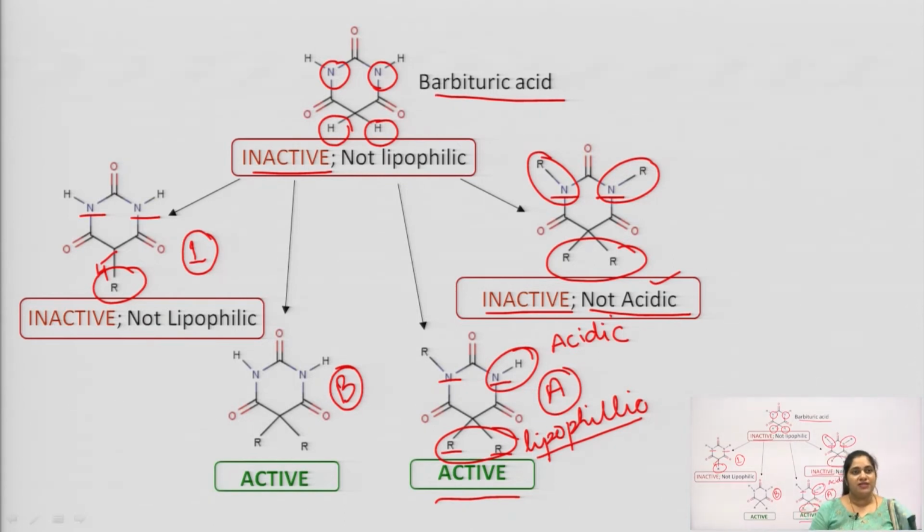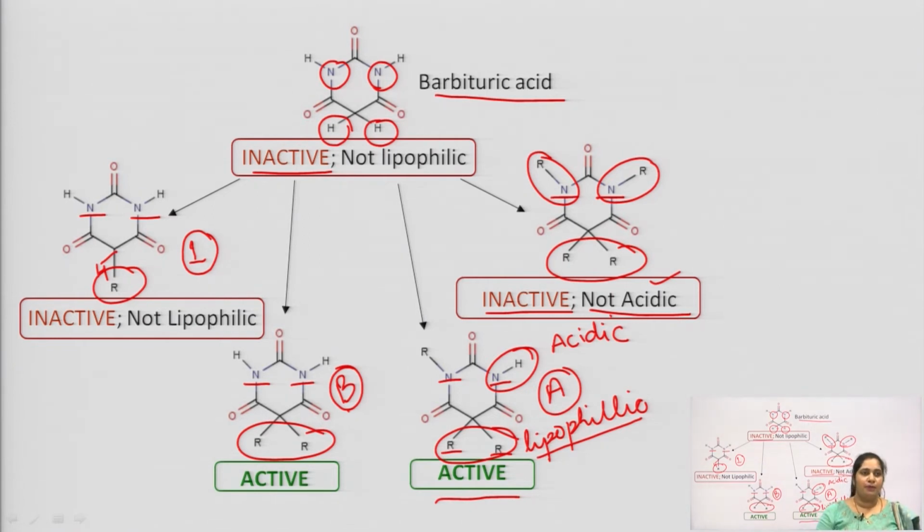When we talk about structure number B, it has similar characteristics as it has substituted both of the hydrogens at position number 5. And when we talk about the nitrogen, both of the nitrogens that must remain unsubstituted are unsubstituted, hence it also possesses acidic character.